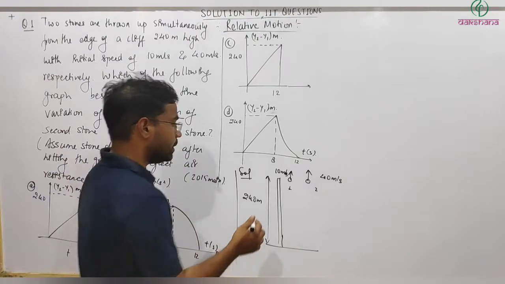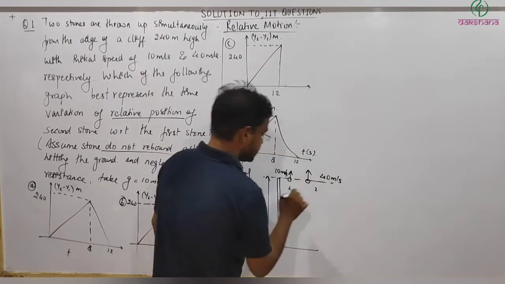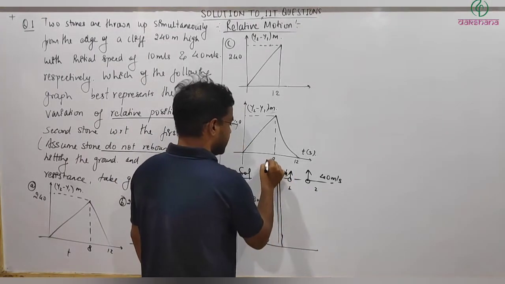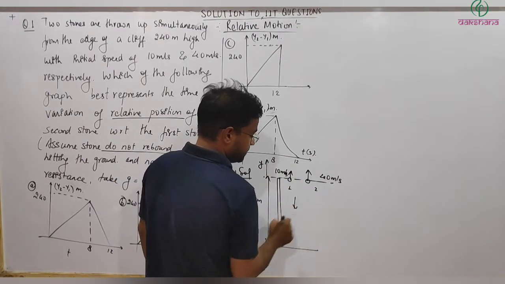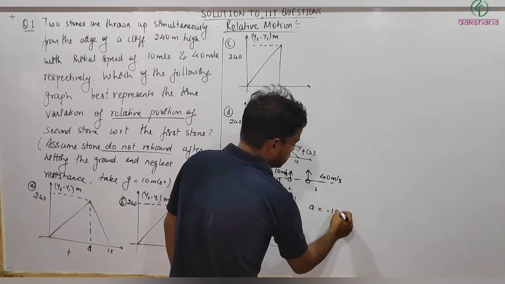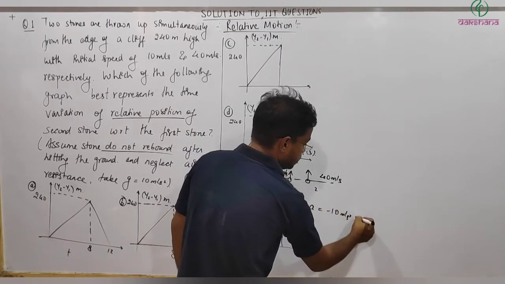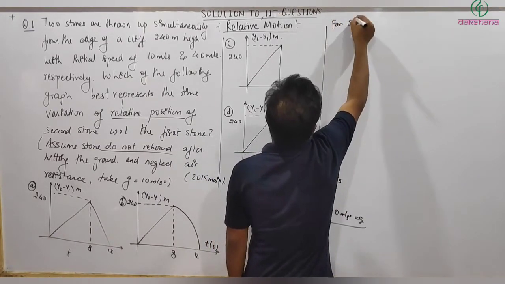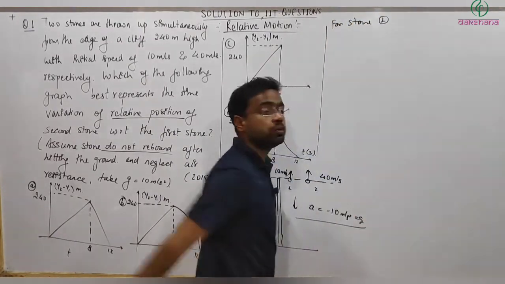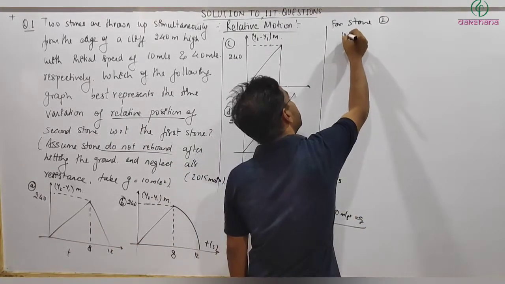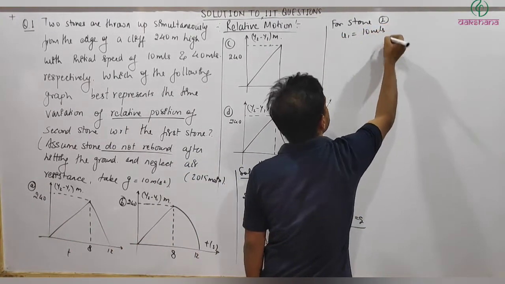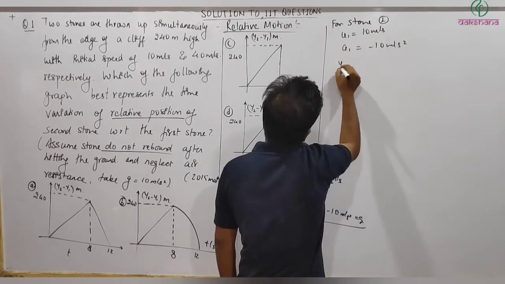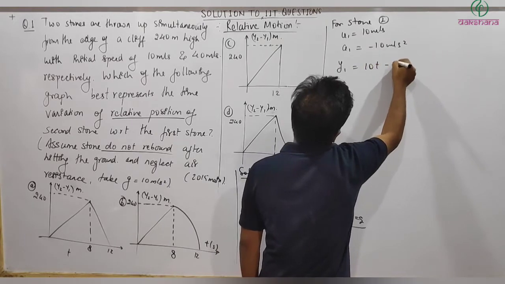Now let's see the position of these particles. I am taking the upward direction as positive and downward as negative, so a is minus 10 meter per second square, that is equal to g. For stone 1, let me write its position first. u1 is 10 meter per second, a1 is minus 10 meter per second square, then y1 can be written as 10t minus 5t square.